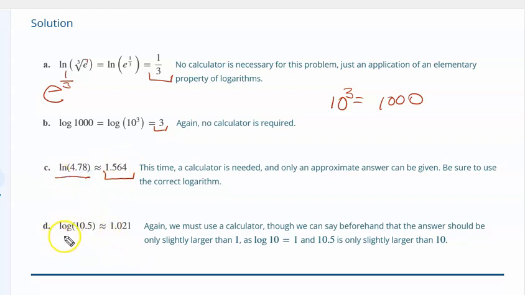And this one, using the log key, common logs, base 10, log comes up, parenthesis, 10.5, close parenthesis, round to 3 decimals. Okay, we'll be doing the practice next, and hopefully that'll give you a chance to work these yourself and absorb this. The nice thing about it, I think, is you can watch it again if needed.